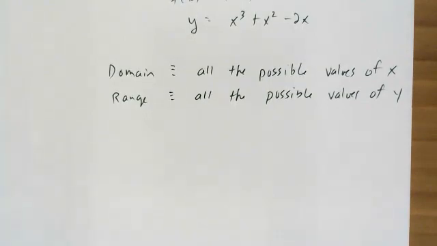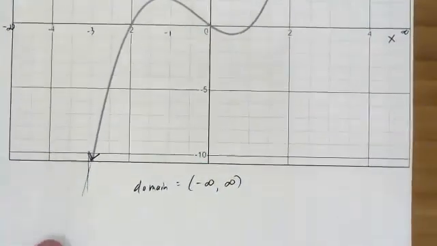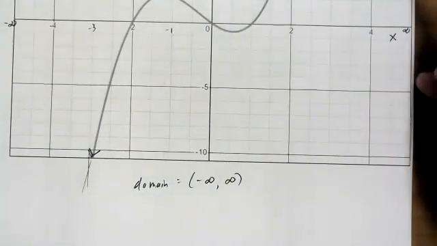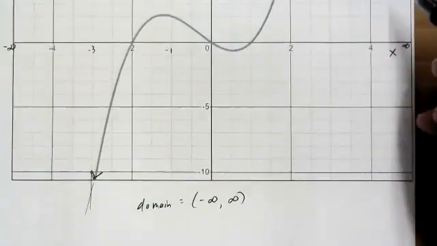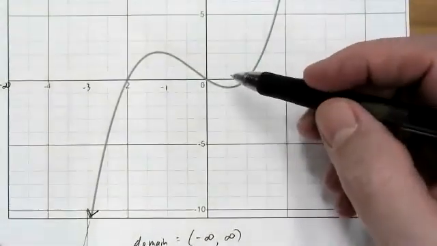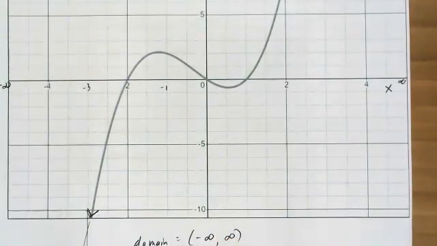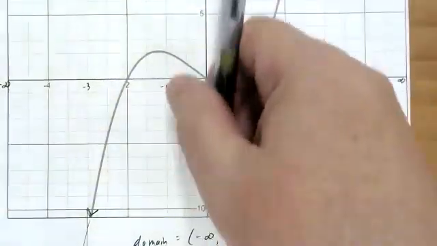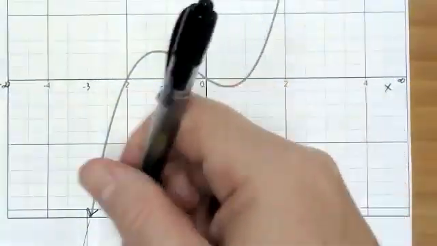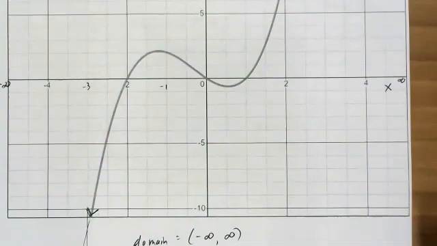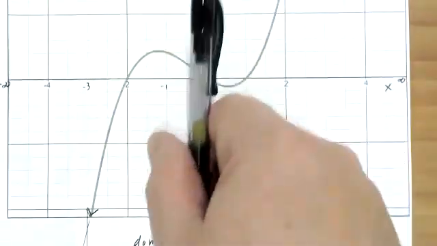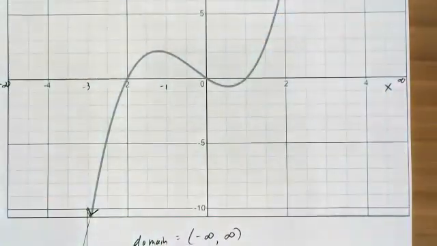All right, so let's look at the range. So the range, we're looking at y. So basically, it's also going to be in the form of an interval. And the idea is for the range, you want to find the smallest value of the function where the graph exists. How far do I have to go where the graph exists?